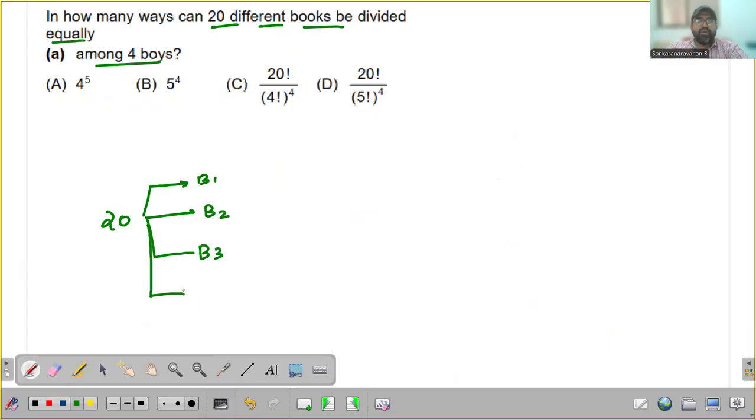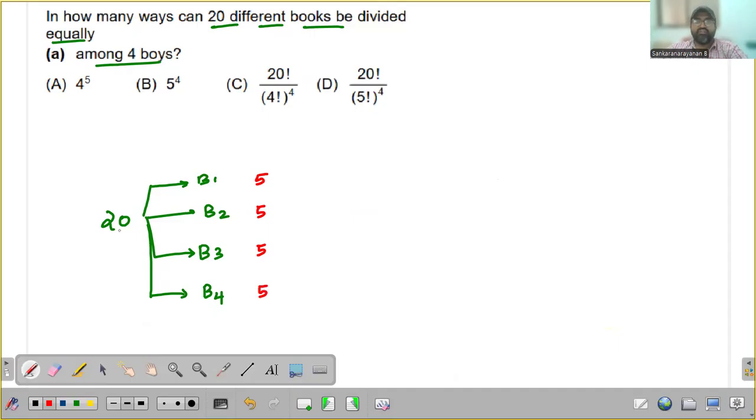You are asked to divide these 20 different books equally among these 4 boys. So you can see that the first boy will be getting 5 books, the second boy 5 books, the third boy 5 books, the fourth boy also 5 books.